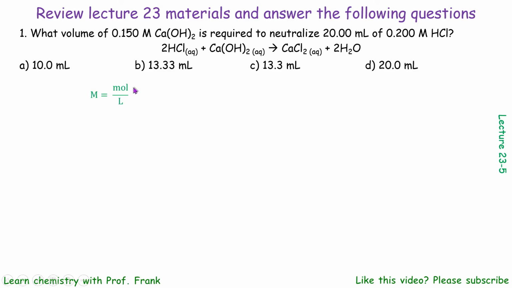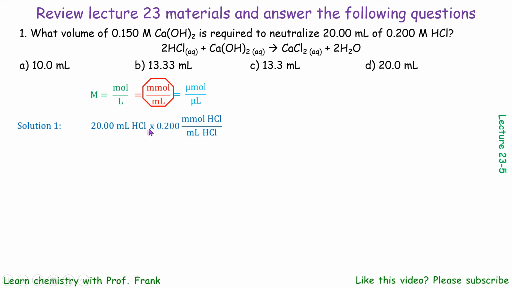This is question number 1 in lecture 23. Let's work on this one. Understand the other ways of calculating that. So in this example, we are going to use the one in the middle. There are a couple of solutions. Let's talk about the first one. We'll start with what we know, 20 milliliter of HCl. We convert from milliliter to millimoles of HCl, because we are going to use this equation right here. And then further from millimoles of HCl to millimoles of calcium hydroxide.